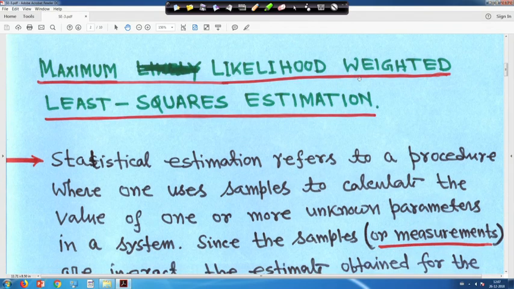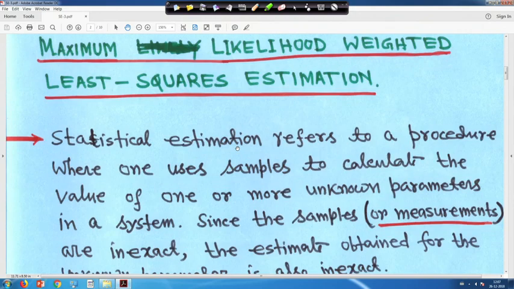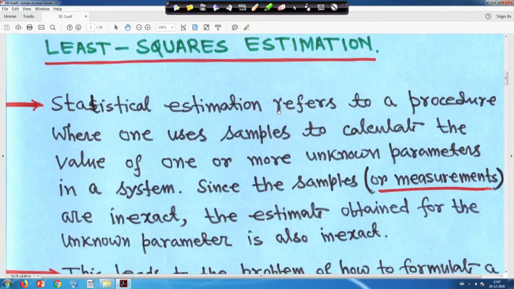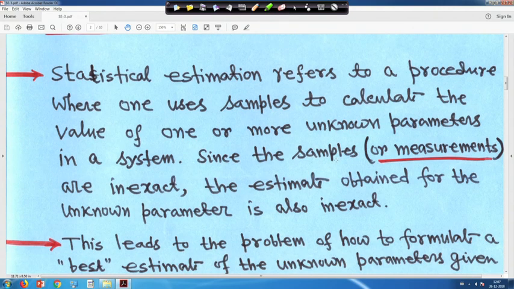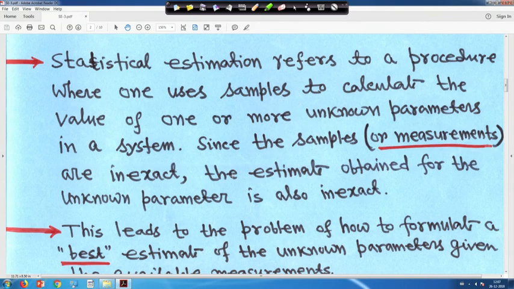So, maximum likelihood weighted least square estimation; likelihood means probability. Statistical estimation refers to a procedure in which one uses samples to calculate the value of one or more unknown parameters in a system. Since the samples, that is measurements, are inexact, that is not the true value, the estimate obtained for the unknown parameter is also inexact, but we have to see how close it is to the true values.